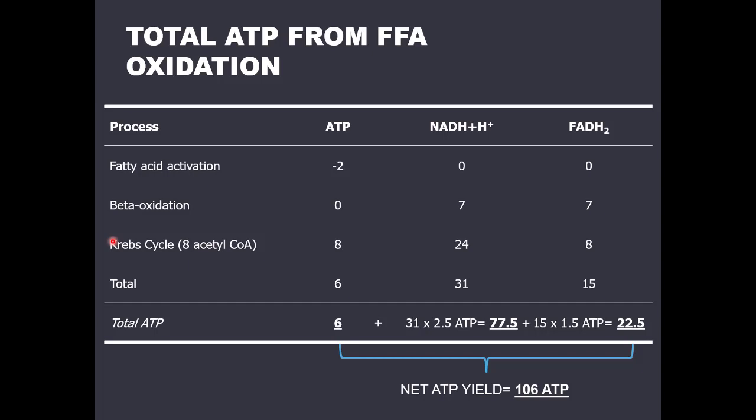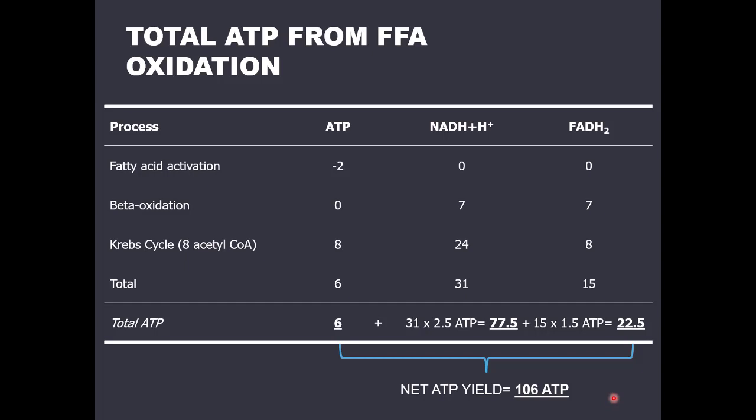And in the ETC, the 31 NADHs will give you about 77.5 ATP, and the 15 FADHs will provide about 22.5 ATP. So if we add all the ATP up from the oxidation of the 16-carbon fatty acid, there will be a net yield of 106 ATP, which I said earlier is significantly larger than what a single glucose molecule would provide, which is 32 to 33 ATP.